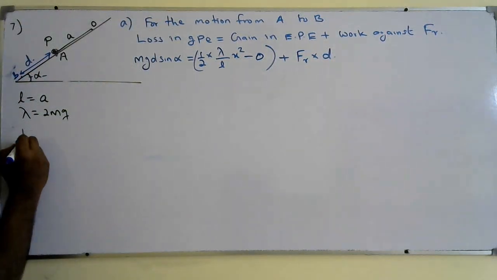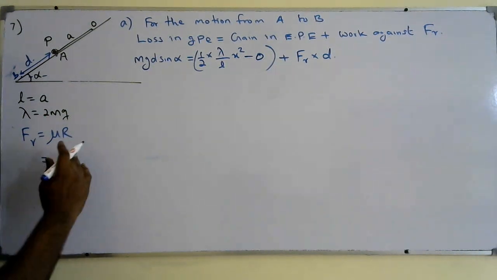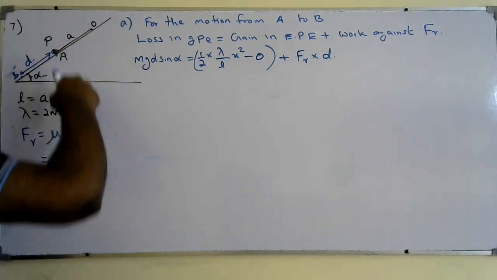We know that friction Fr is equal to mu R, and R is equal to mg cos alpha, the component of the weight perpendicular to the plane.